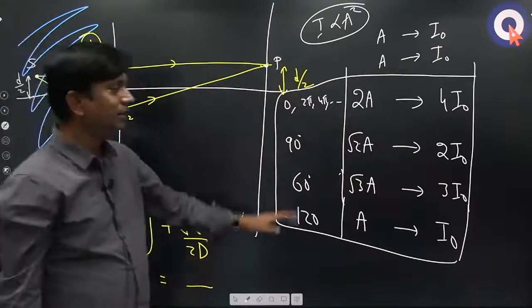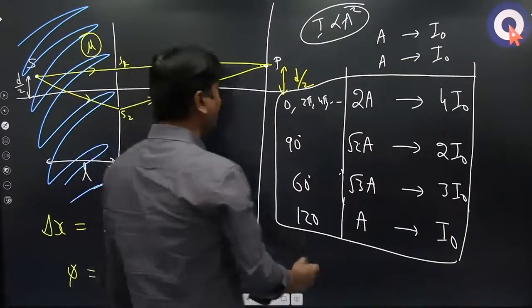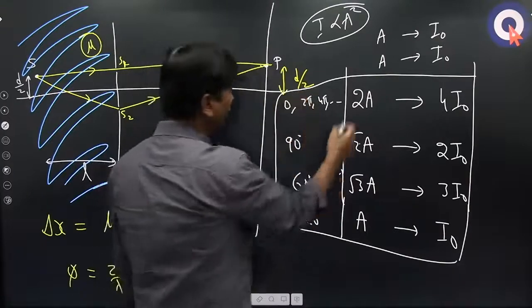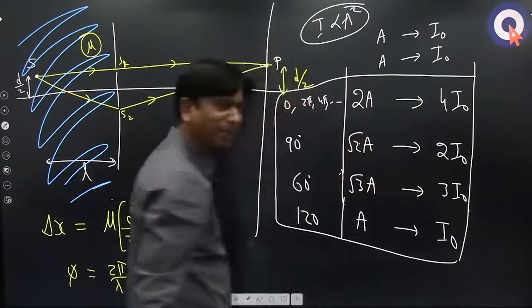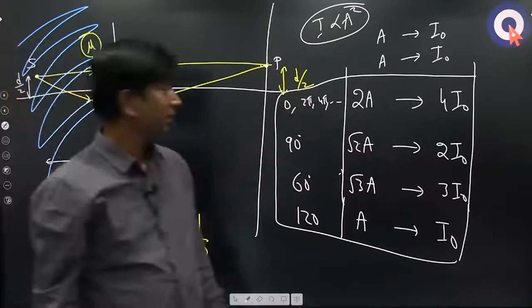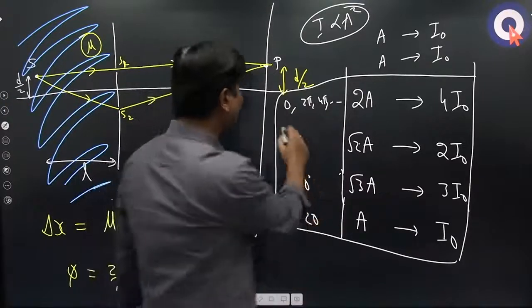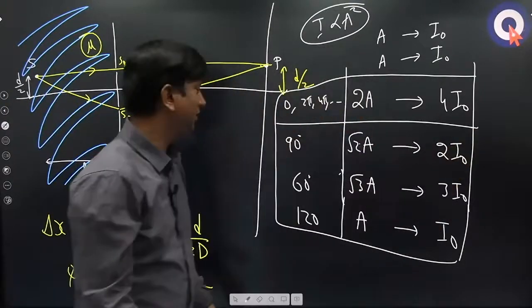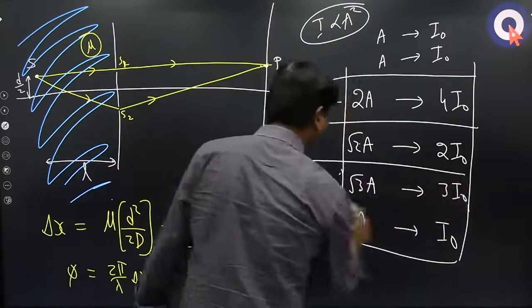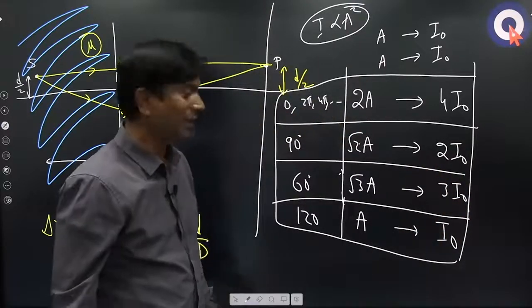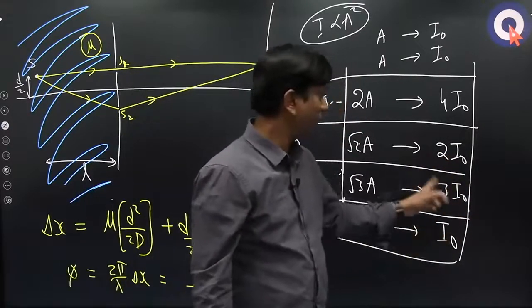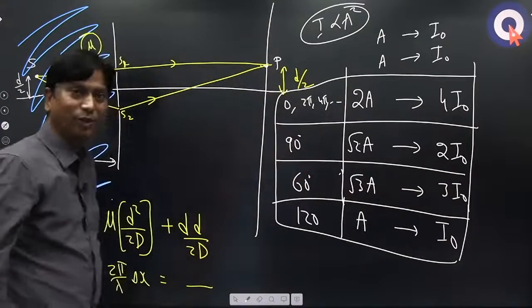Hope this table is clear to all. And the last one is of course pi, so amplitude becomes 0 and intensity also becomes 0. That is destructive interference, and the earlier one is constructive. Apart from constructive, there are other things: 90 degrees, 60 degrees and 120 degrees, where you will get intensities 2 I naught, 3 I naught and I naught. Hope this is clear.